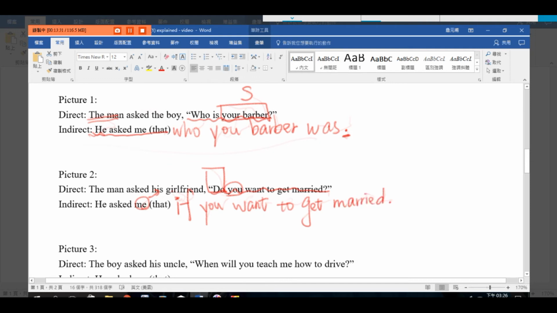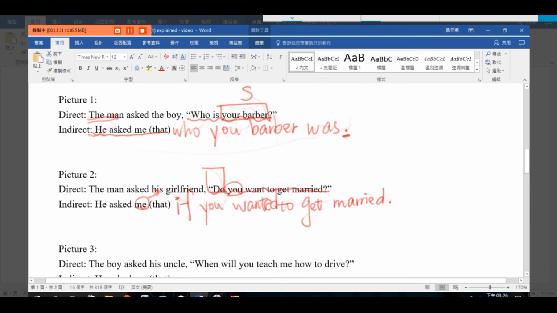Okay, so this is the answer for picture number 2. He asked me meaning the girlfriend, if you want to get married. Okay, something wrong with this. We have to also make sure one thing. Remember, this is present simple tense, and then we have to go back in time. So it's not if you want to, it's if you wanted to get married. Past tense. Okay, so that's the answer for number 2. He asked me if you wanted to get married.